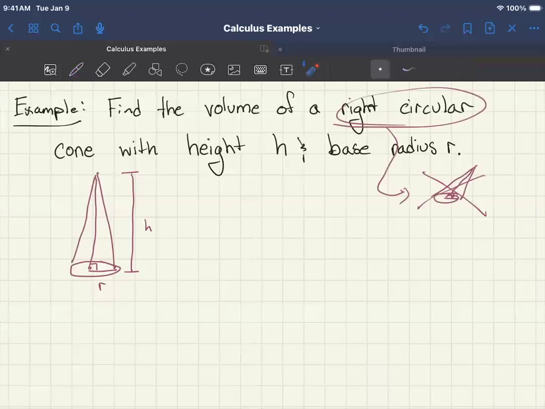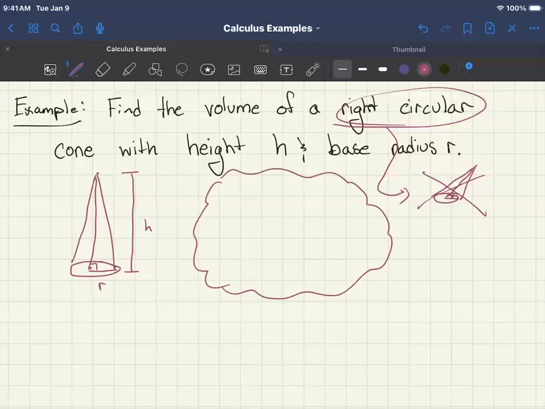Some background information on cones. This is just as an aside. We can infer that if we have a cylinder, our volume is going to be the area of a circle, so that's pi r squared, and then we give that circle a height of h.